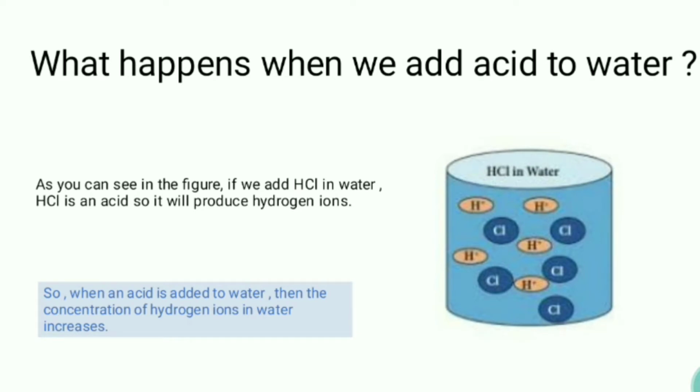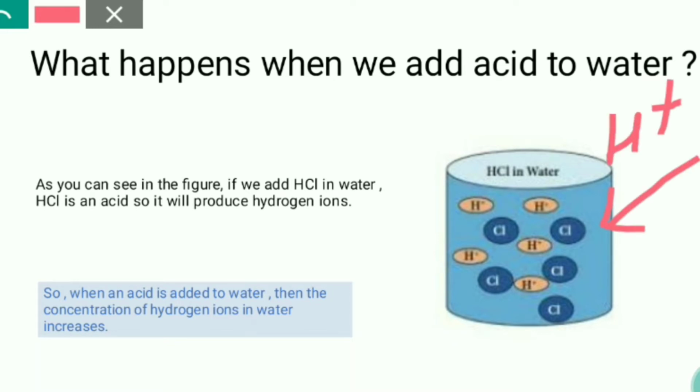So what happens when we add acid to water? This is one of the very important questions and usually asked in the boards as well. What happens when we add acid to water? Yes, when we are adding acid to water, we are increasing the concentration of H positive ion.